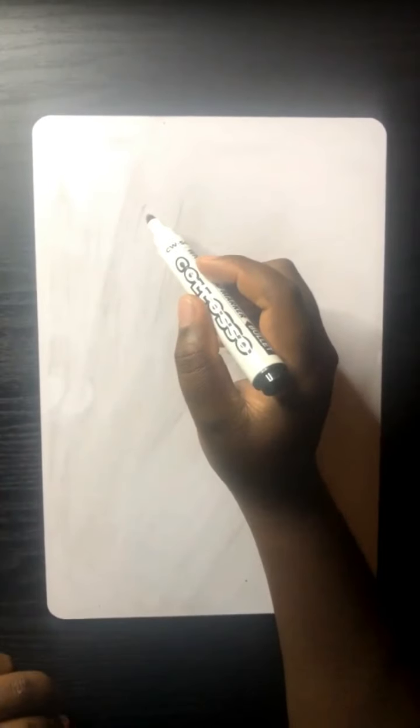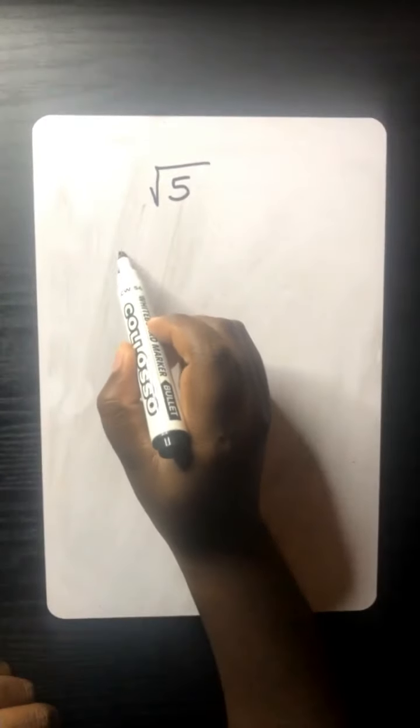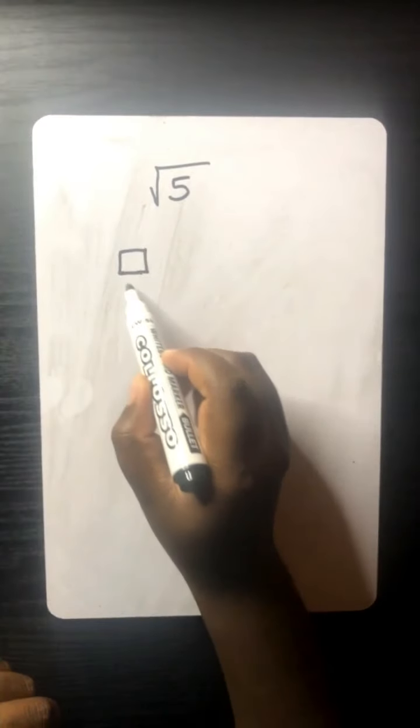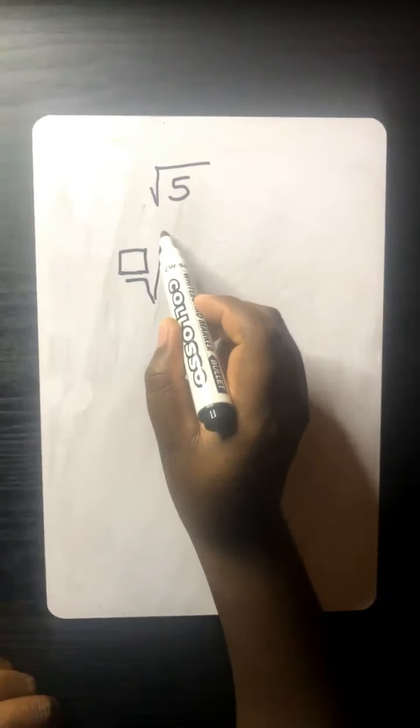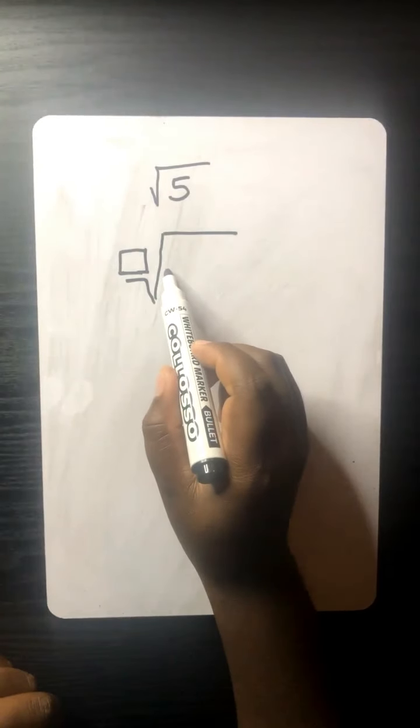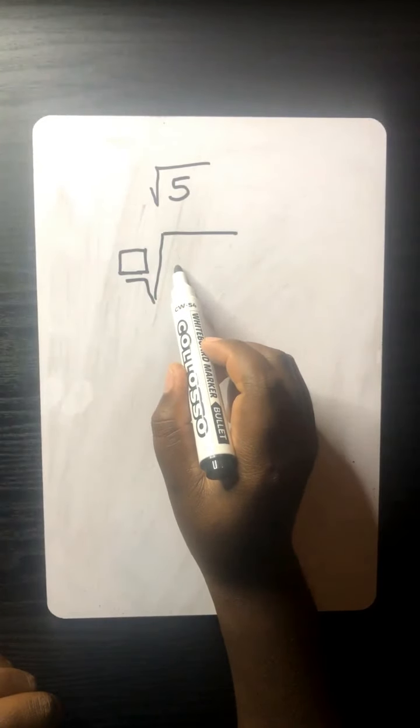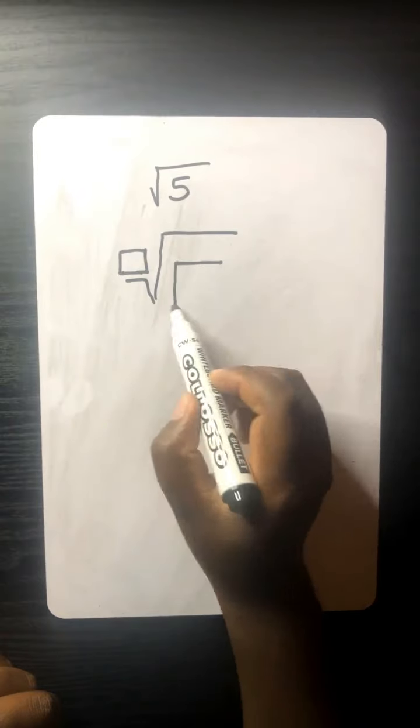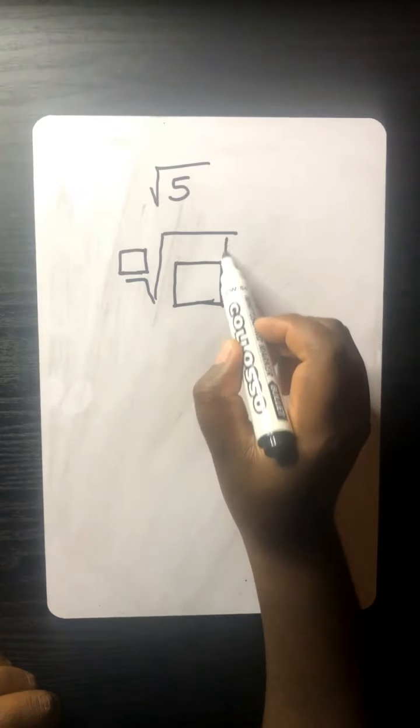Okay, so guys, let's now try to have some problems to work on. Remember, guys, in most of my lessons, I always say if you have square root of 5, remember, you've got a number there, you've got a square root, and let's say you've got a number there, and again, you've got a number there.